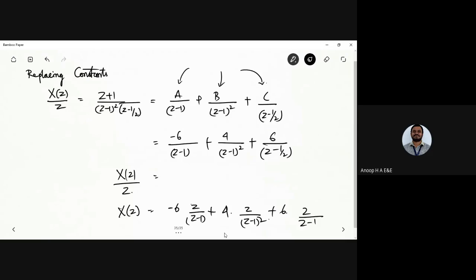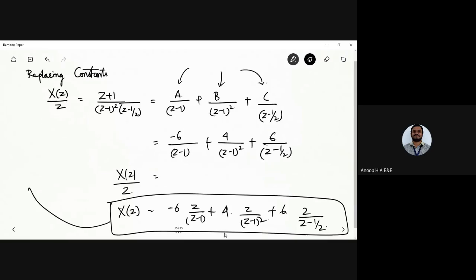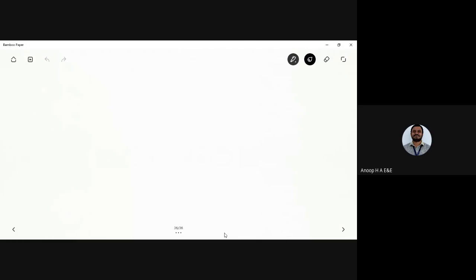From x of z, I need to find out what is x of n. So from x of z, I need to take the inverse z transform. IZT refers to inverse z transform.